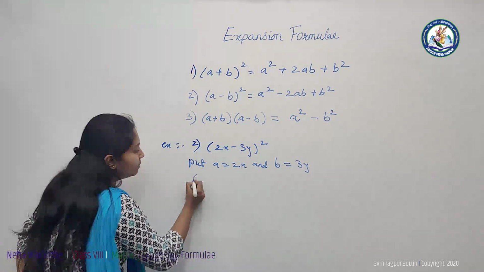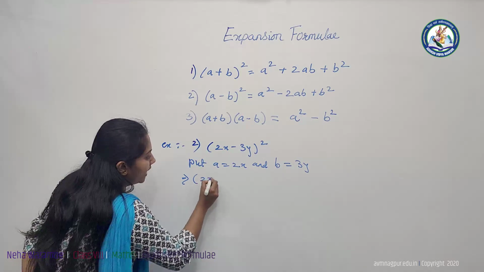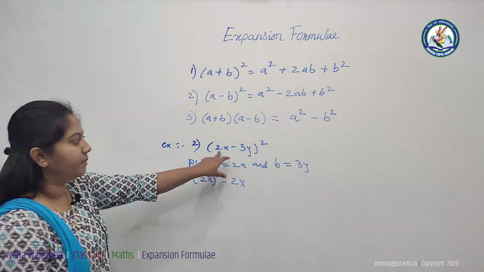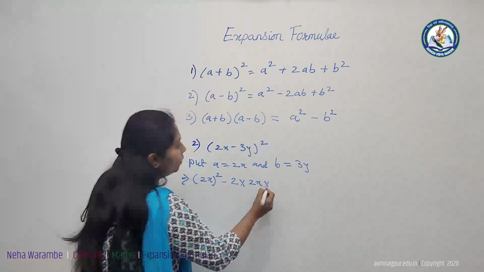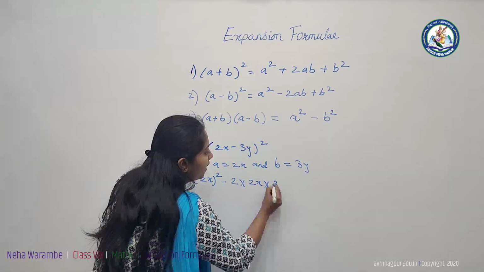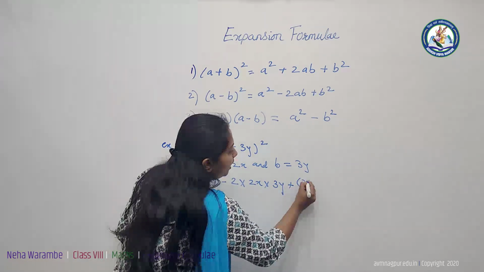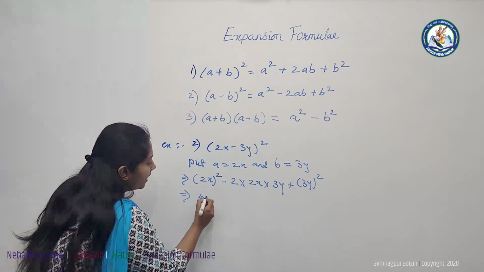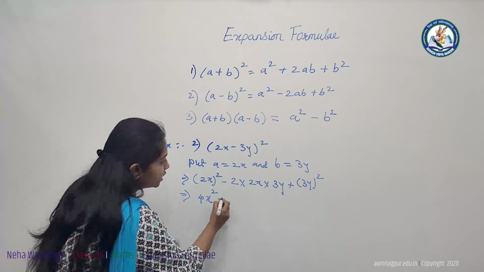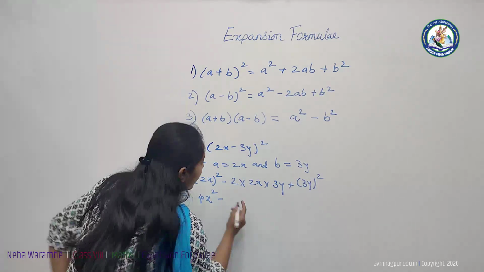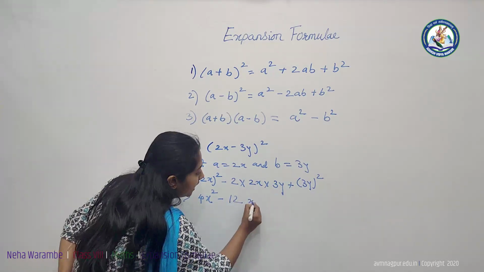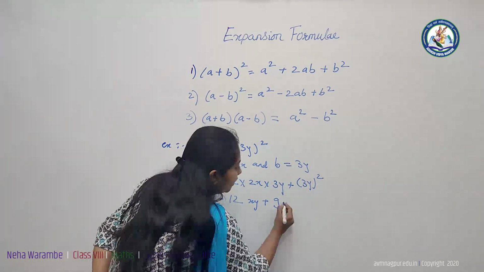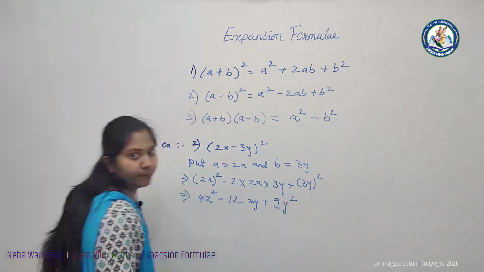Now first term square, (2x)², minus 2 into first term 2x into second term 3y, plus (3y)². We know that the square of 2 is 4, x², minus 2 twos are 4, 4 threes are 12, xy, plus 3 square is 9 and square of y is y².